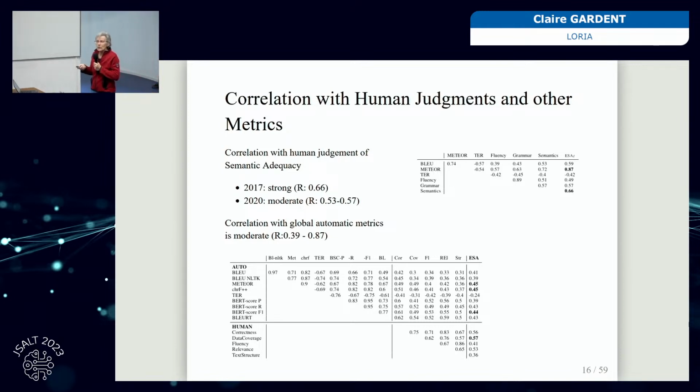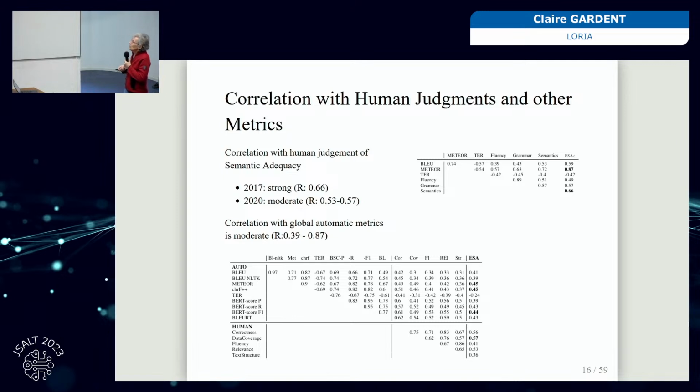So there is a human evaluation of the model output where we basically ask human annotators to compare the text that is generated with the input graph and carefully check: is all the information that is in the graph also in the text, and vice versa, is the information in the text actually present in the graph. So do the two actually match? So we have these human scores for semantic adequacy.